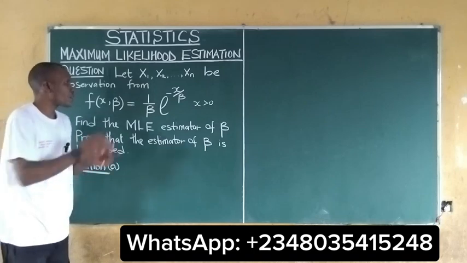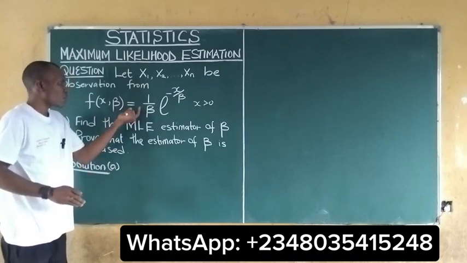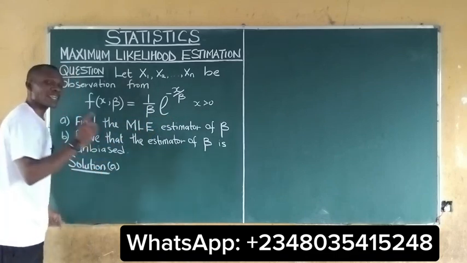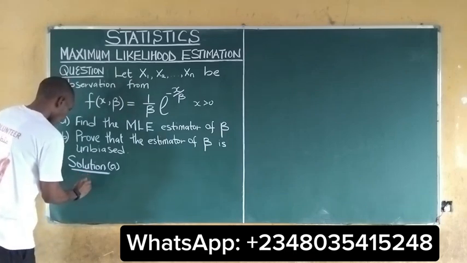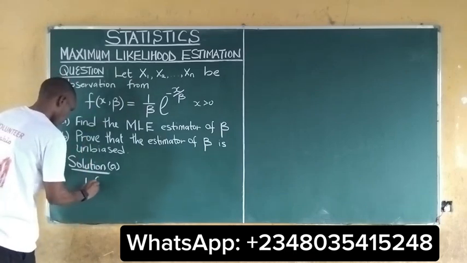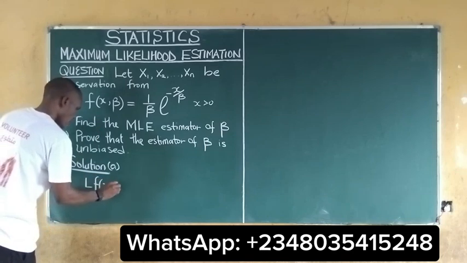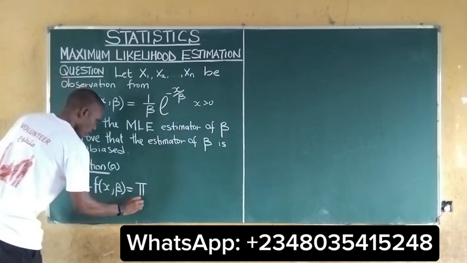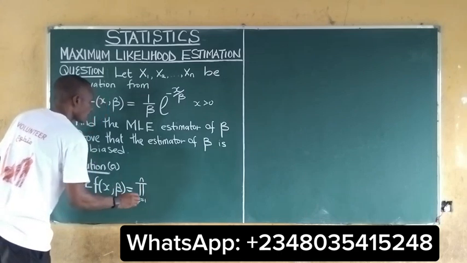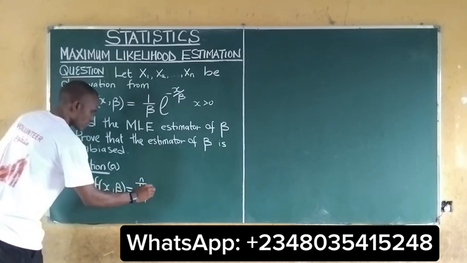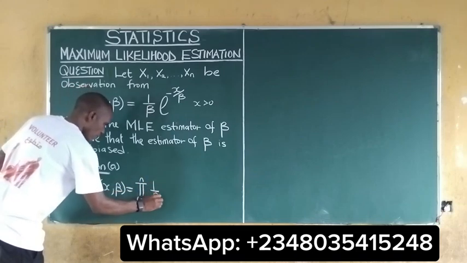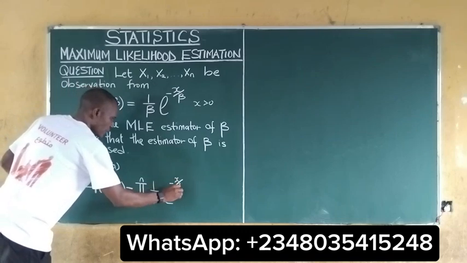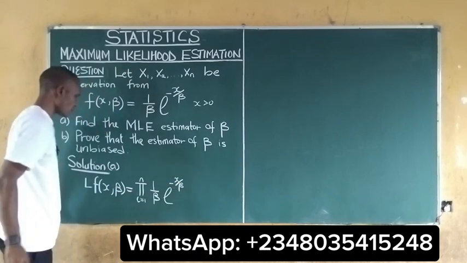To compute the maximum likelihood estimator of this distribution, the first thing to do is to take the likelihood function. So the likelihood function of this is the product, as i ranging from 1 to n, of 1 all over beta exponential negative x all over beta.